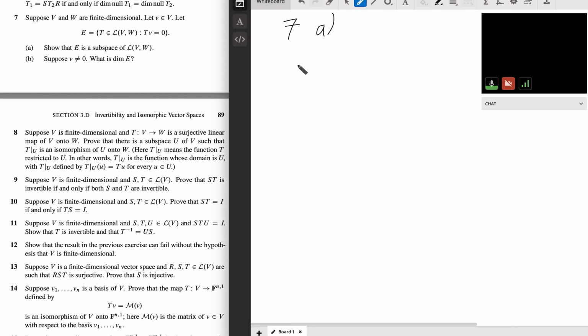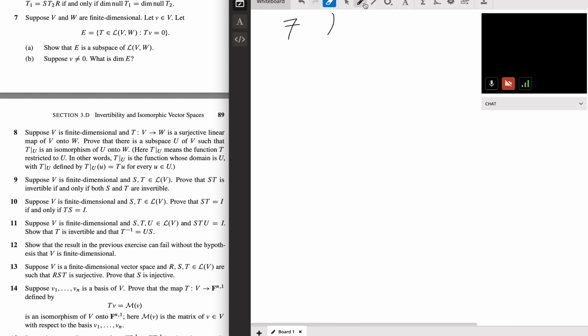Of course 0 works, because the annihilator, wait, no, this is not a dual space, because you're mapping to W, which is not guaranteed to be one-dimensional, but of course this is definitely inside of L(V, W). That's not even a question.